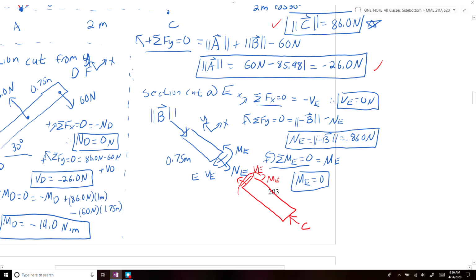Again, all of these internal forces are opposite each other on the section cut, and you would have gotten the same answers for NE, VE, and ME if you took the section cut this way. Alright, so that concludes this problem on how to find the internal forces within a machine.